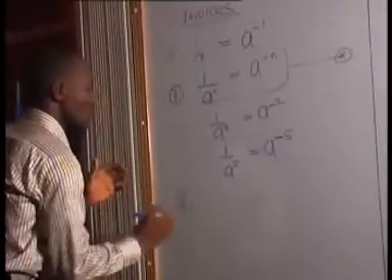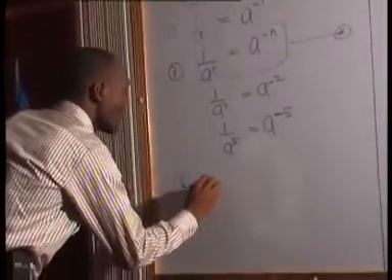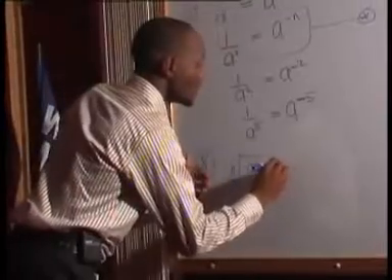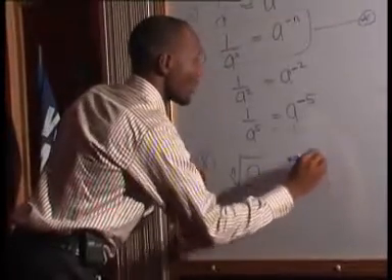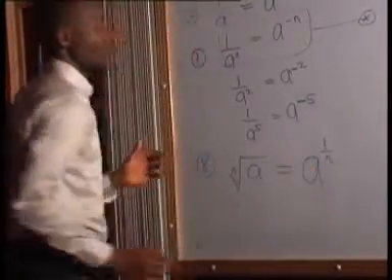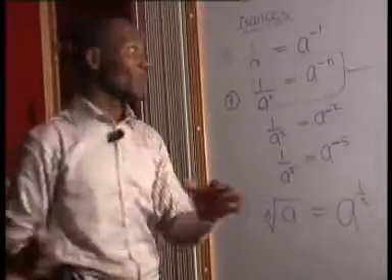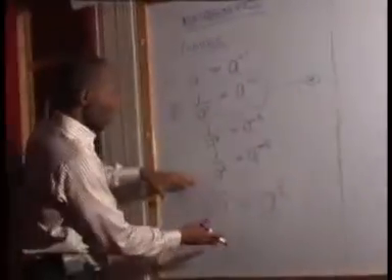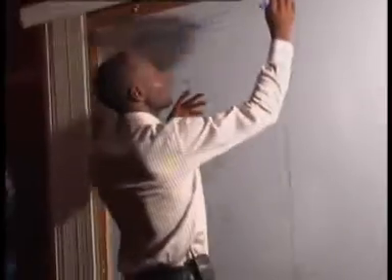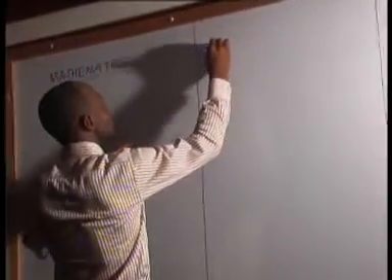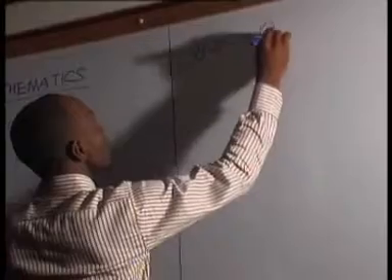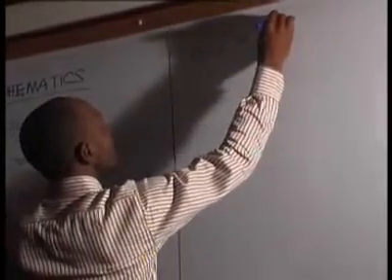We'll now move to this one, the 8th law. If you have the nth root of A, it is going to turn to A raised to power 1 over n. I hope you are not lost. Let me break it down to what you understand. For example, the third root of A is A raised to power 1 over 3.